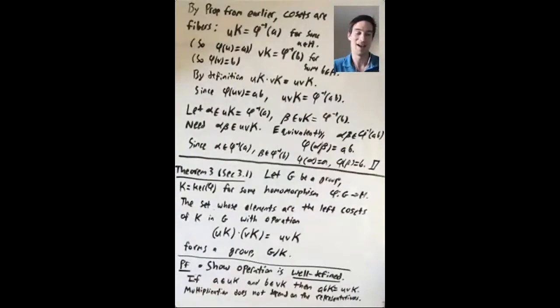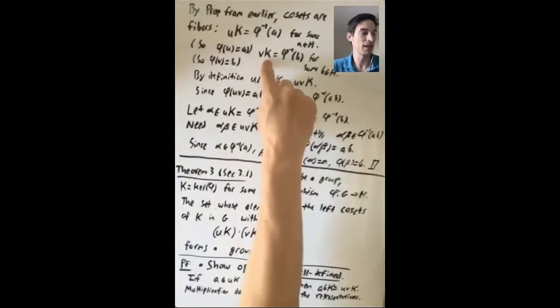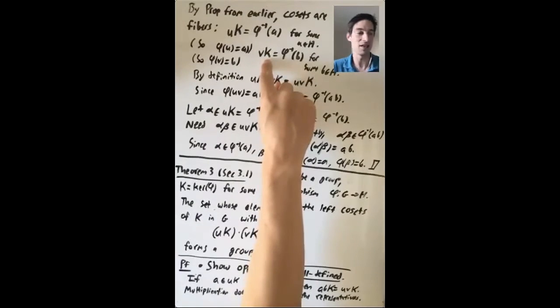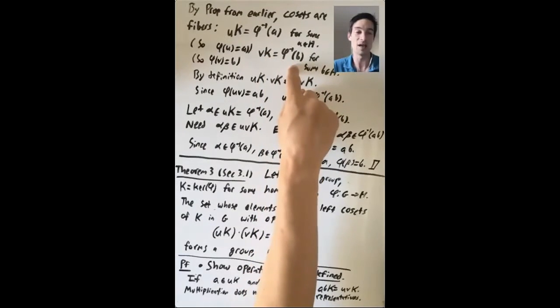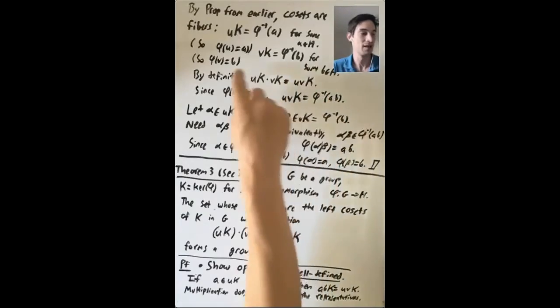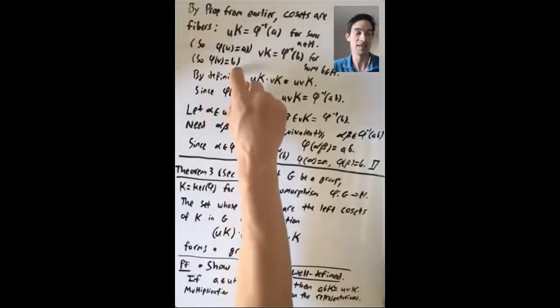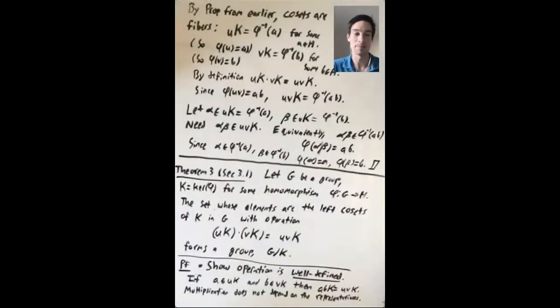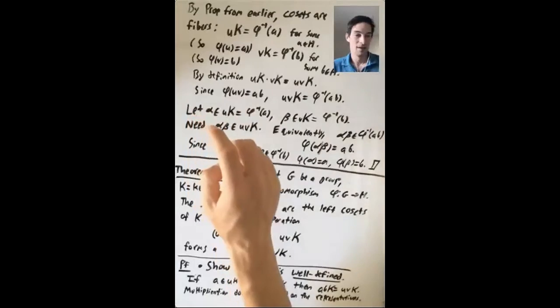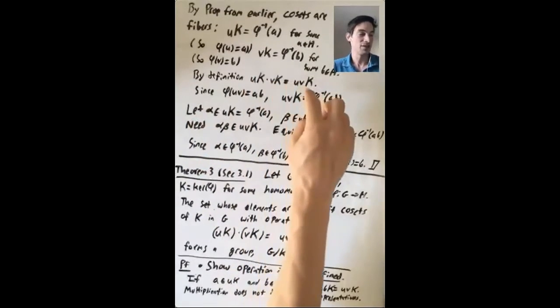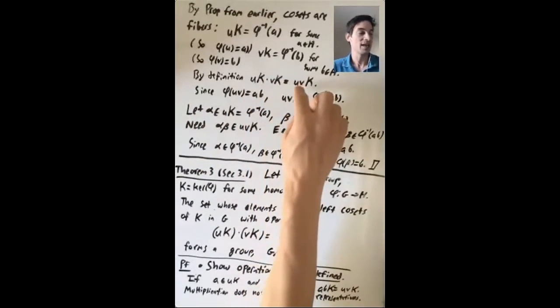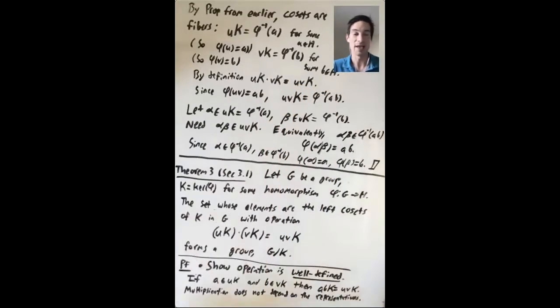Similarly, the left coset of K containing v is the fiber above some b, so phi of v is equal to b. By definition of how we defined this operation, uK times vK is equal to uvK.